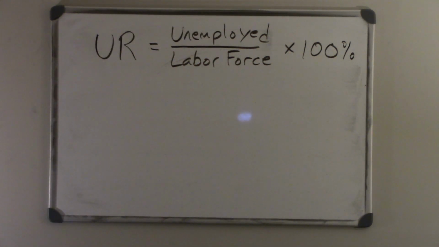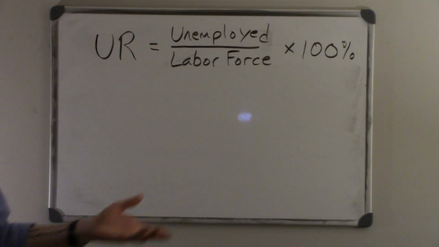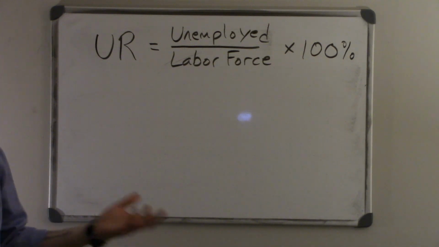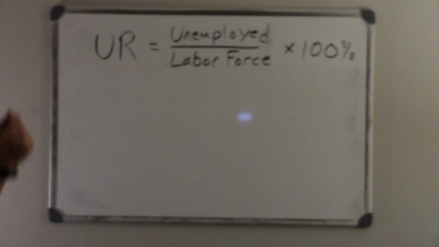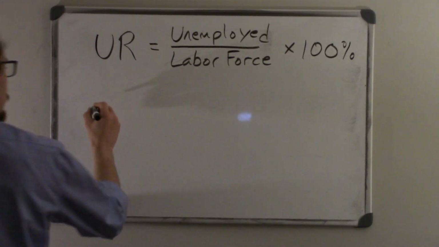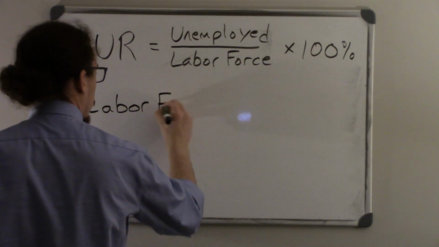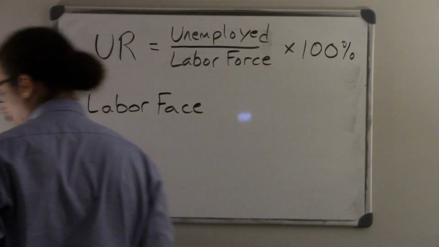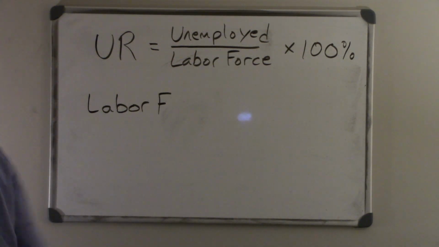We've already talked about how you would identify whether somebody is employed or unemployed or neither, but let's talk a little bit about the labor force before we do an example. We really have to, because if we don't know what the labor force is, we can't calculate the unemployment rate.